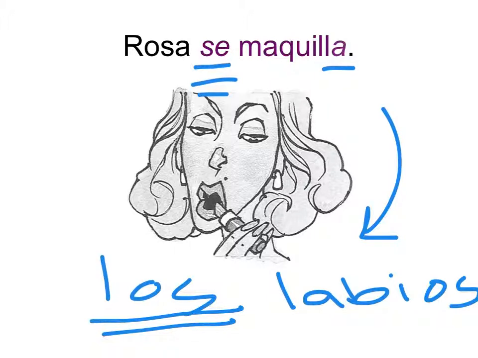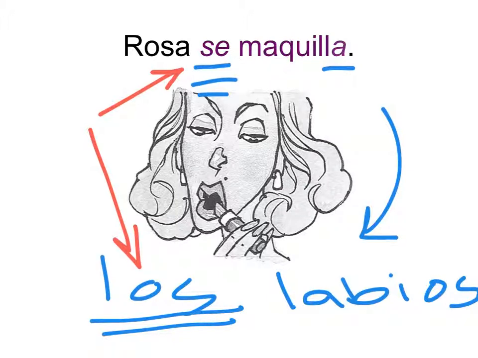Why wouldn't we use the possessive adjective like mis labios or mi cara or mis manos? Why wouldn't I say mis or sus or tus? Because this reflexive pronoun tells us what? The "se" tells us what? That she's doing it to herself.